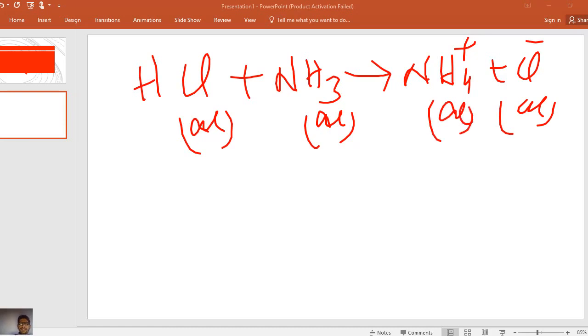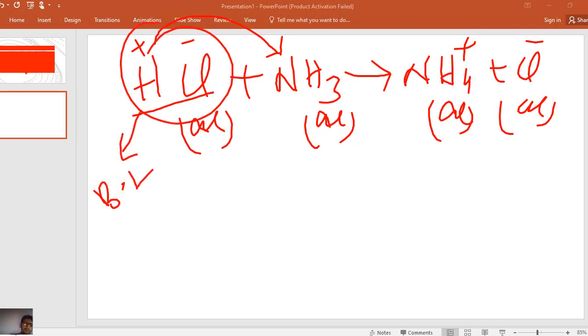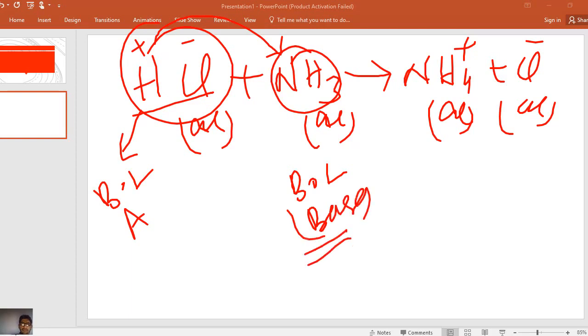So in this case, the HCl is the Bronsted-Lowry acid because it is a proton donor. This ammonia is the Bronsted-Lowry base because it accepts the proton. So this is the Bronsted-Lowry acid and base.